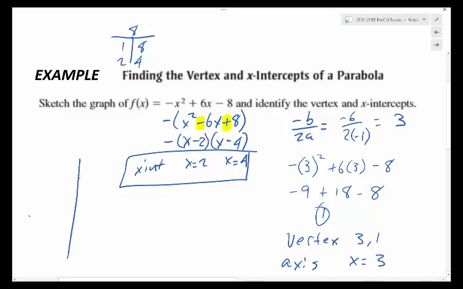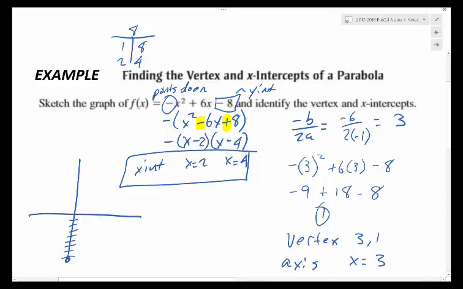So if I go to my graph, I know this sign tells me it points down. This tells me my y-intercept. So I'm going to go 1, 2, 3, 4, 5, 6, 7, 8.